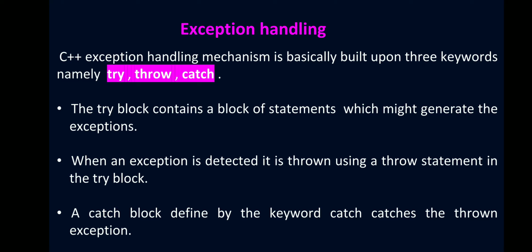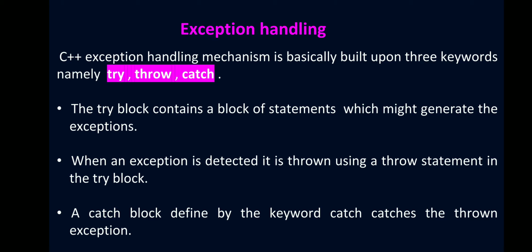All the 4 steps are maintained in 2 blocks: try block and catch block. Try block contains the statements which may cause an exception. All the statements are placed in the try block. Now, the throw statement throws the exception. The throw keyword throws the exception object.